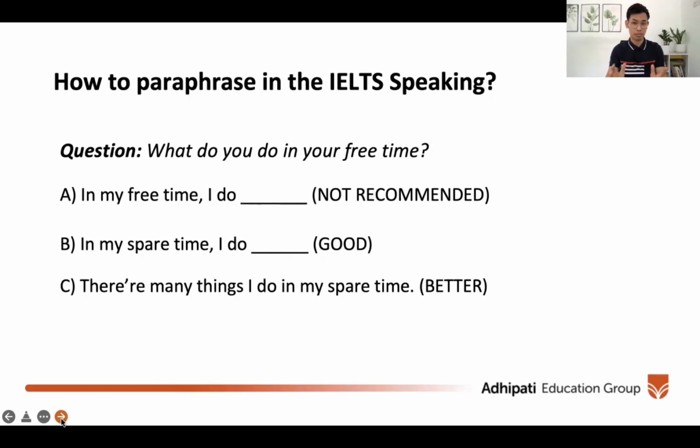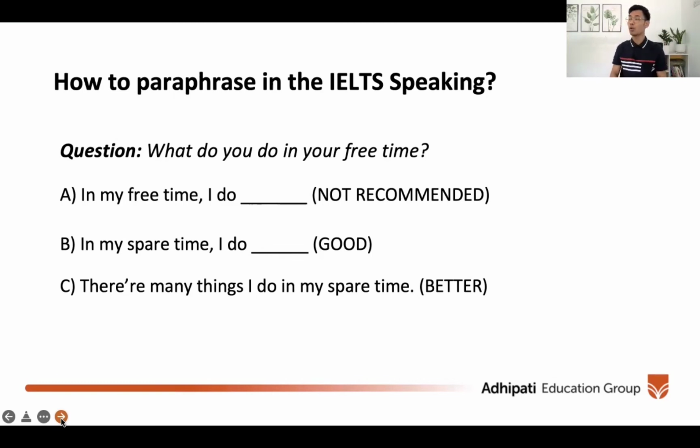However, I do not recommend you stick to that pattern because you are just copying everything that you see in the question. You should not copy the question. Instead, you have to paraphrase it. So I suggest you go with either B or C. Of course, it is obvious that number C is so much better than A and B.